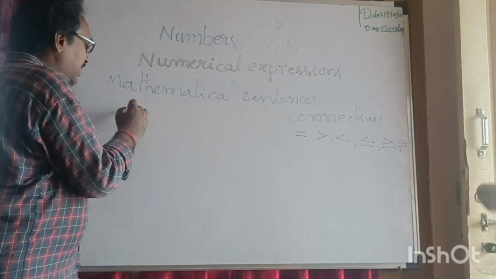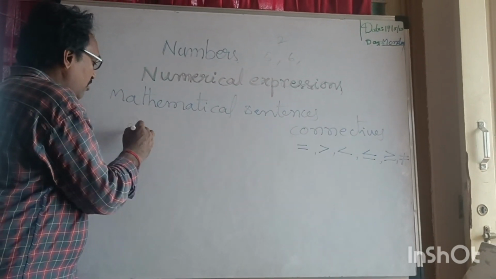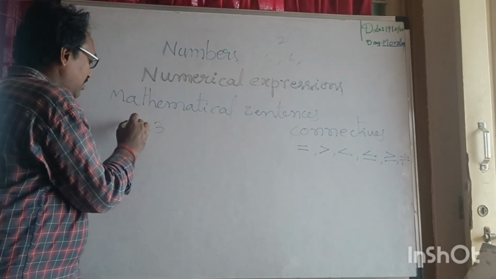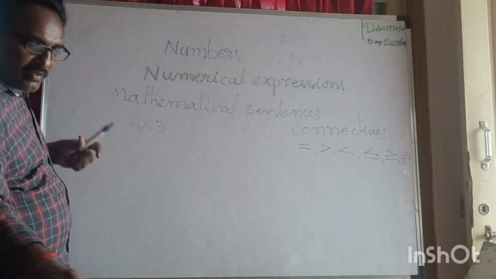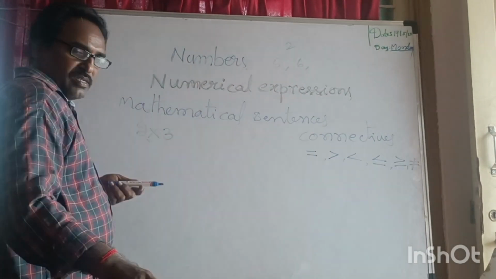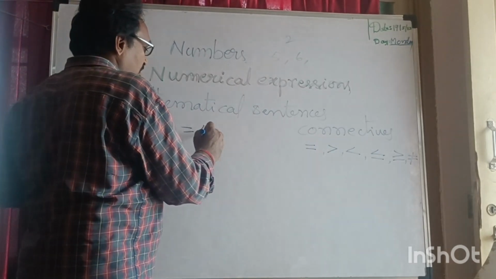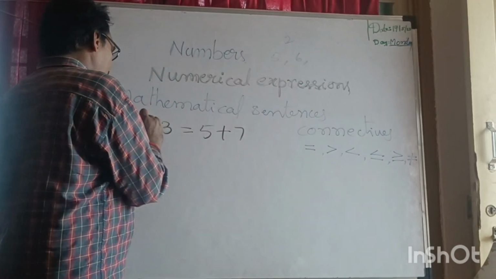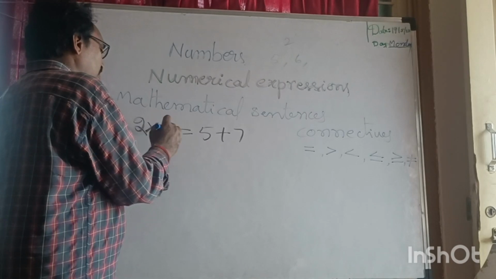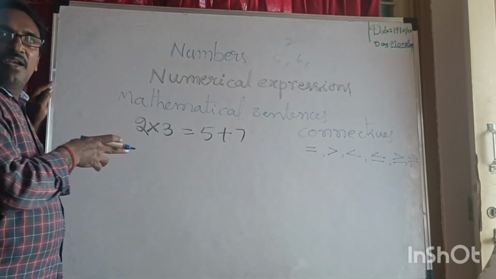For example, 2 into 3 is equal to 5 plus 7. This is a mathematical sentence.